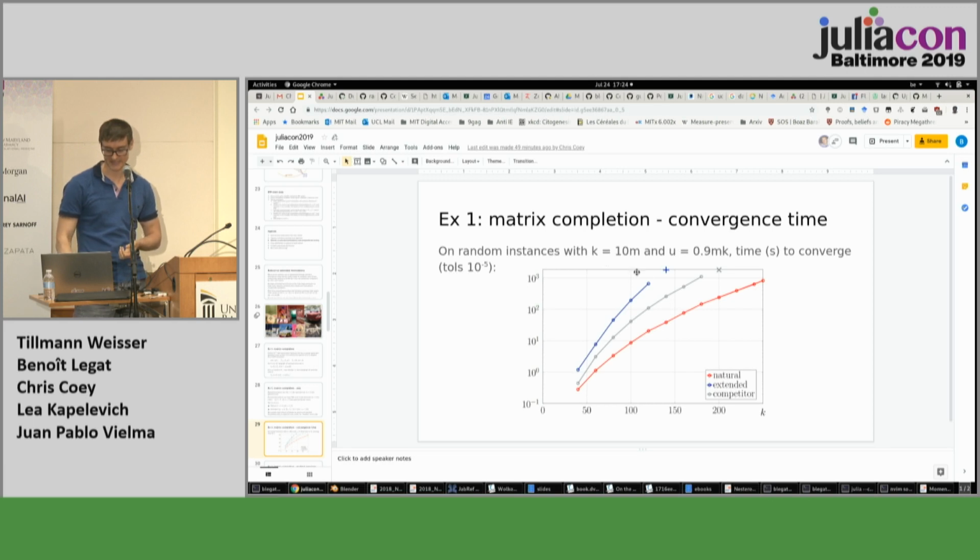And what we see here is that Hypatia on the extended dies from a time limit, which is 1800 seconds, first. Then the competitor dies from actually, I believe, a memory limit, not a time limit, at k equals 200. And Hypatia is able to keep going on the natural formulation. And we could have kept going if we'd increased the time limit.